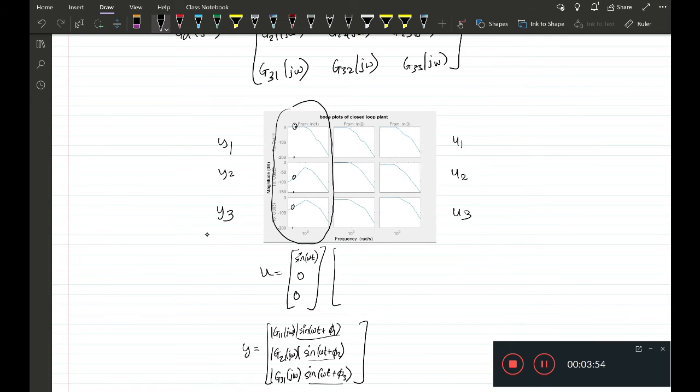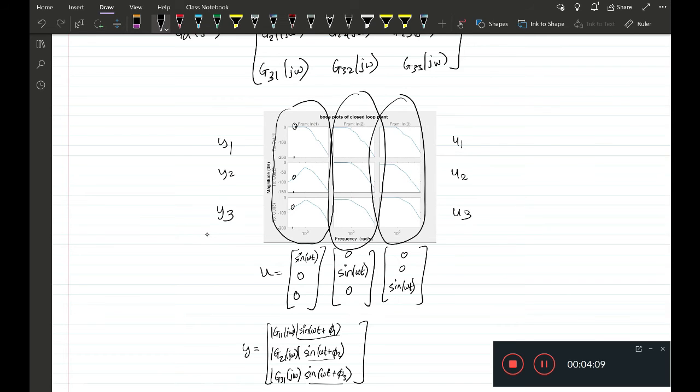Similarly, if I had an input of 0, sine omega t, 0, I would get this one, and if I have an input along the 3rd channel, I would get this along the output. This is only the amplitude information. The phase information I've not shown here; that would be in the complete Bode plots.